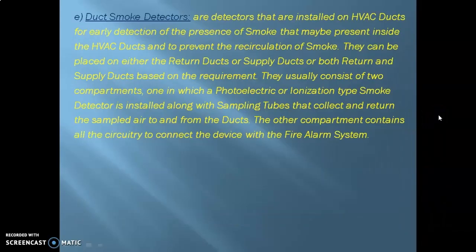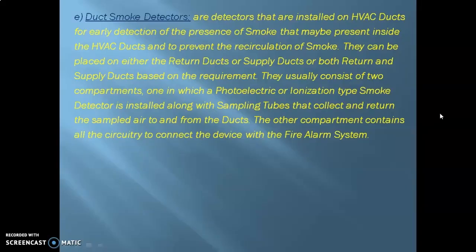Now these smoke detectors are usually photoelectric type itself, and are installed in a container in which you have two types of sampling tubes, one for receiving the air sample, and the other one for returning the air sample.